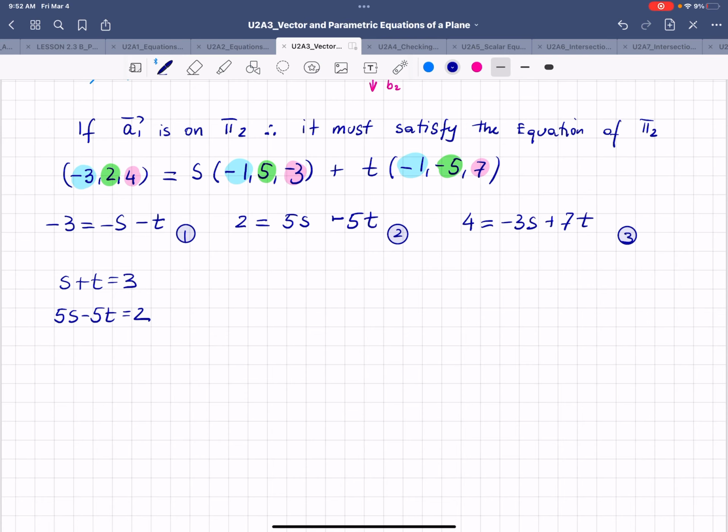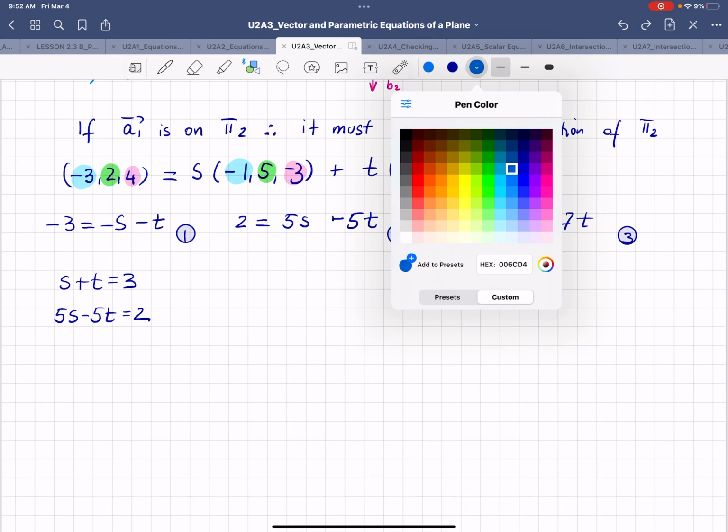I would like to solve by using the elimination method, which means that I will need to multiply the first equation by 5.